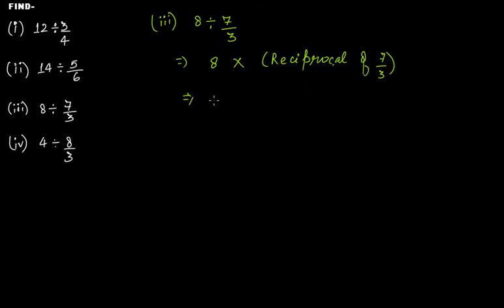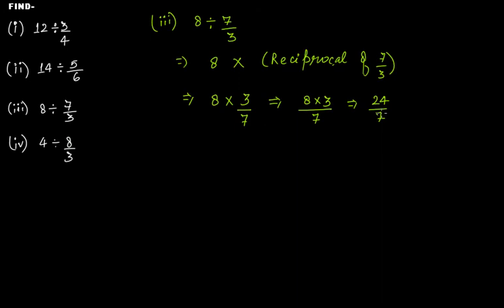So what will be the reciprocal of 7 over 3? 3 is the denominator, make it the numerator, and 7 is the numerator, make it the denominator in this fraction. Now if you want to solve it, 8 will be multiplied with the numerator, so 8 multiplied by 3 divided by 7, and this will be 24 over 7.